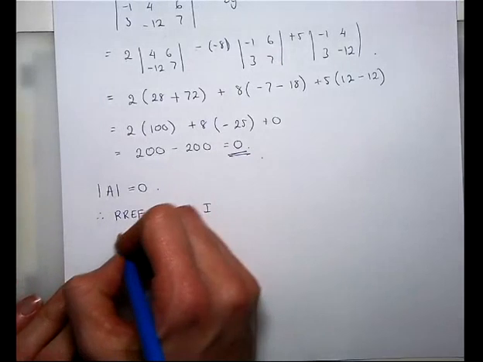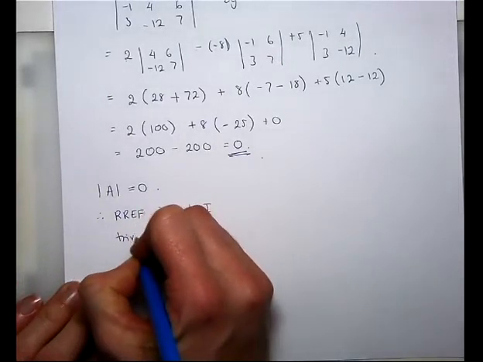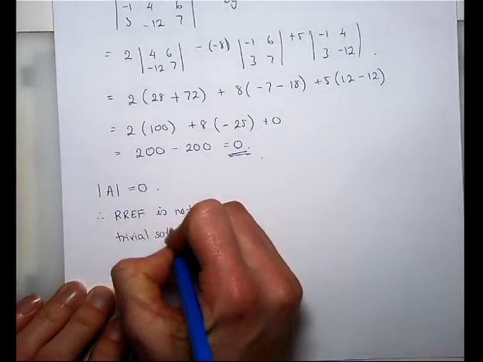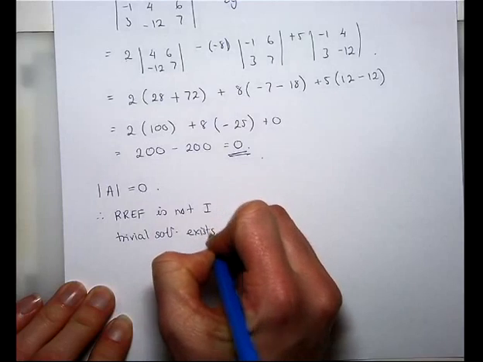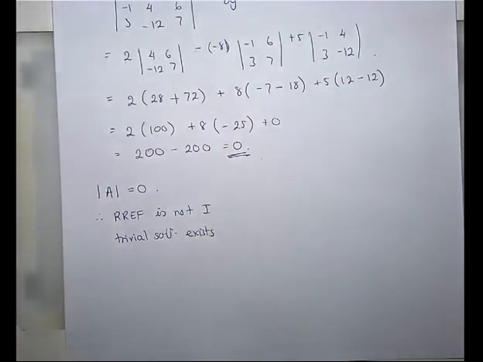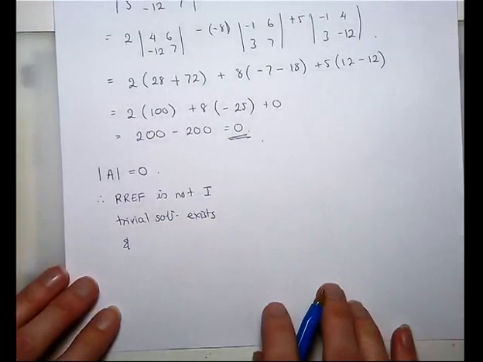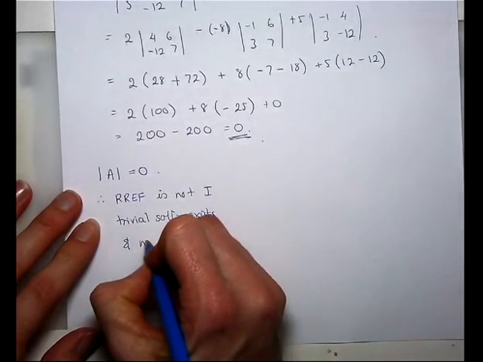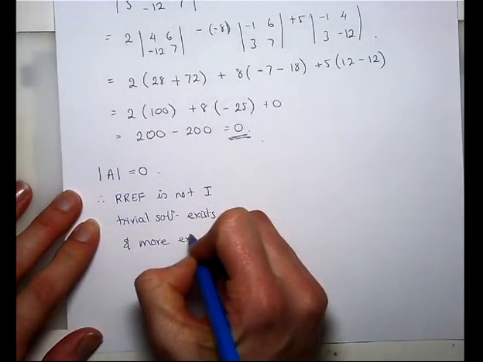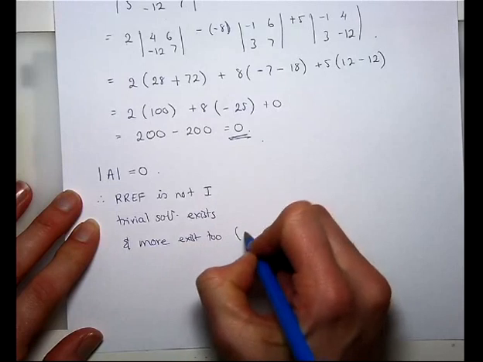So, we already know that the trivial solution exists. We know that because if you look at this, you can see that you can just put all the C's being 0 and that one's true. So we know the trivial solution exists, and more exist too.